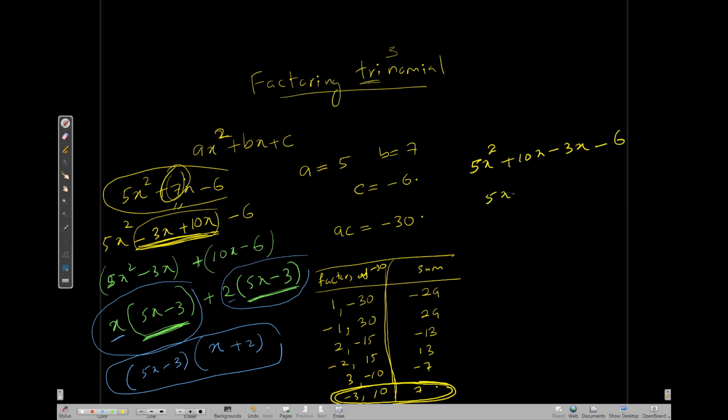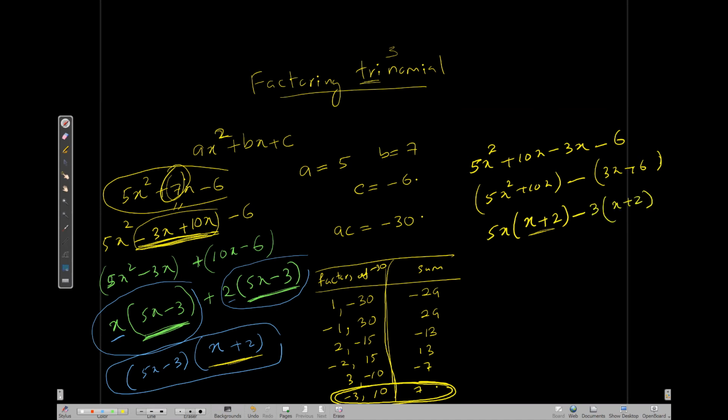Now, the first two terms, 5x squared plus 10x. And in the second two terms, I put a minus sign out, then 3x plus 6. Here I can pull 5x out, then I get x plus 2. And here I can pull 3 out, x plus 2.